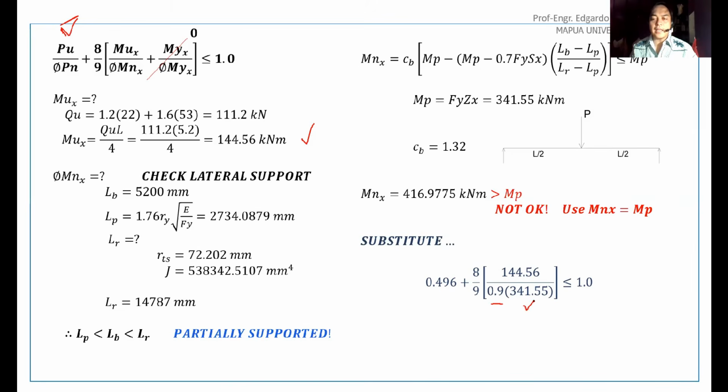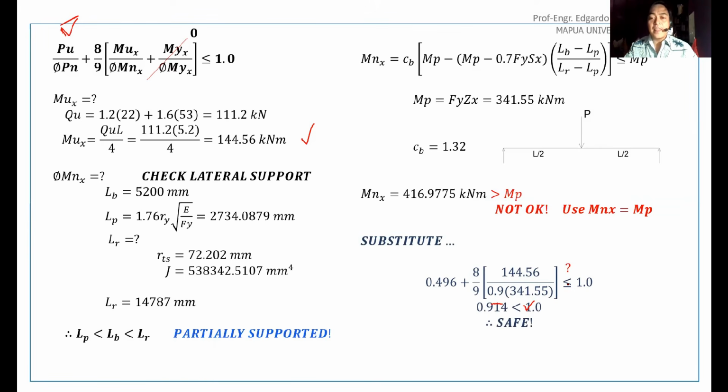Tapos yung MNX natin is equal to MP or plastic moment. And check whether the interaction equation value is less than or equal to 1. And calculating for the value, we got 0.914. 0.914 is less than 1, therefore, it is safe. No? So the chosen section for this beam column is actually safe.